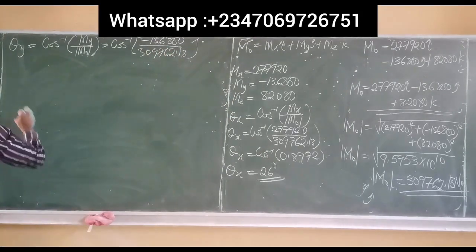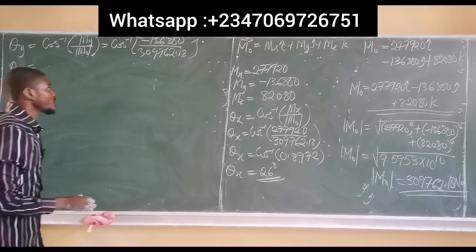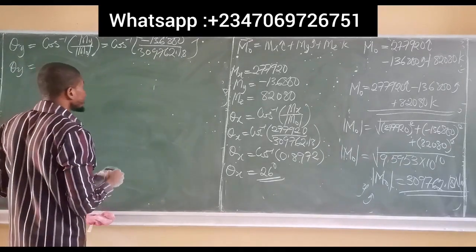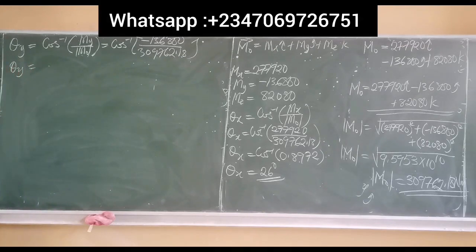So let's obtain this value: minus 136,800 divided by 309,762.18.